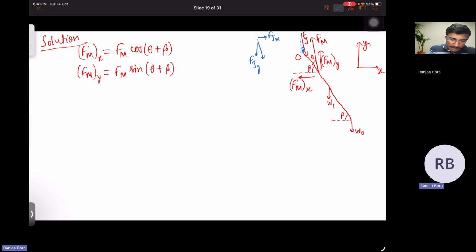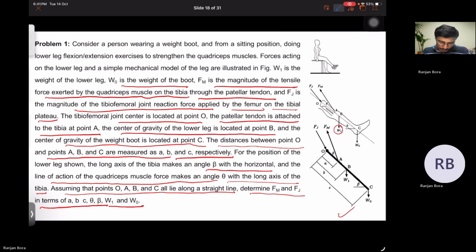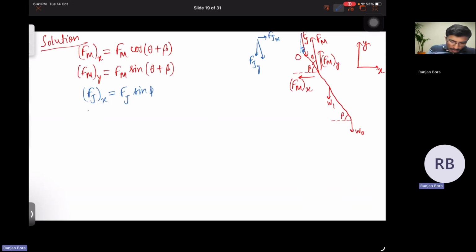So what is Fjx? Fjx equal to Fj sin phi. And what is Fjy? Fjy equal to Fj cos phi.